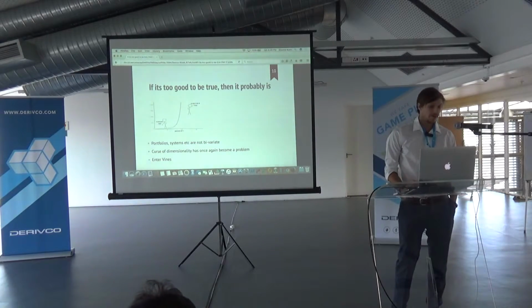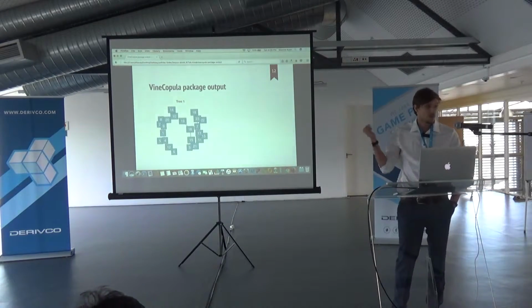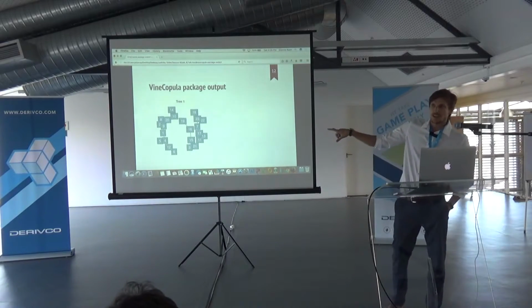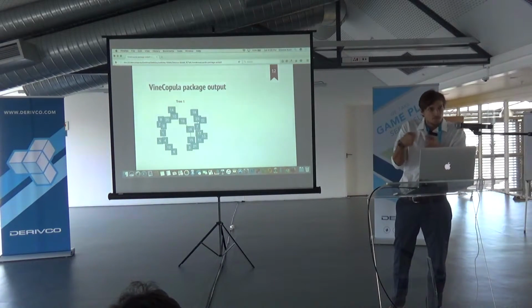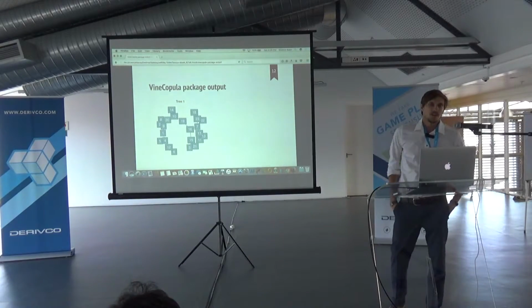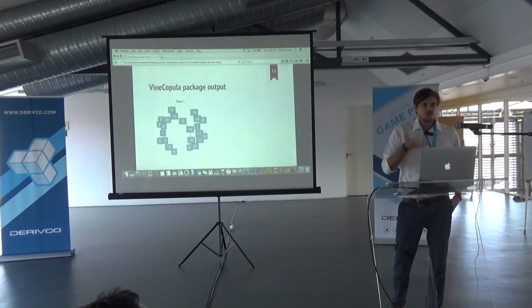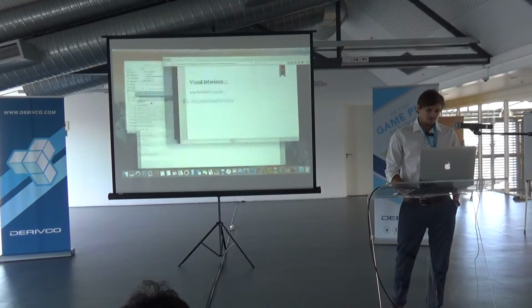These things are called vines. So let's look at these vines. I use the VineCopula package, and this is the output. Essentially what we're looking at is bivariate copula pairs, or dependency pairs, of the top 40 shares in South Africa, and they're all built out. Now, I don't know if any of you can see what's going on here, but I can't. So my solution is the following.